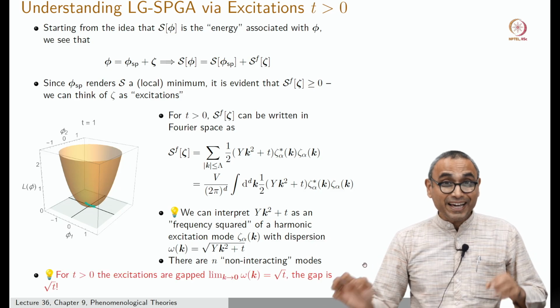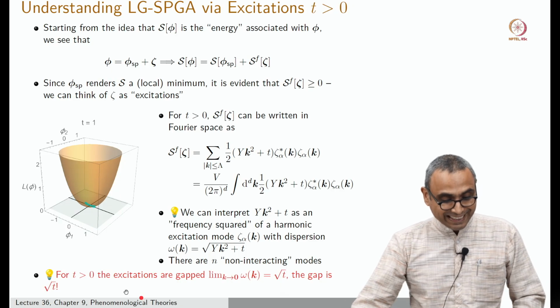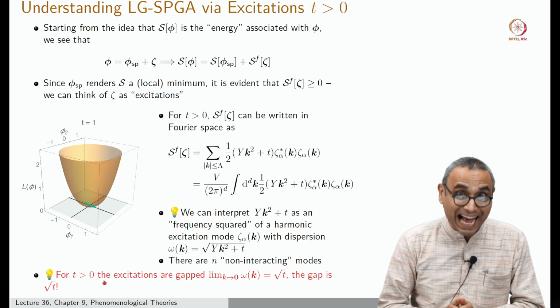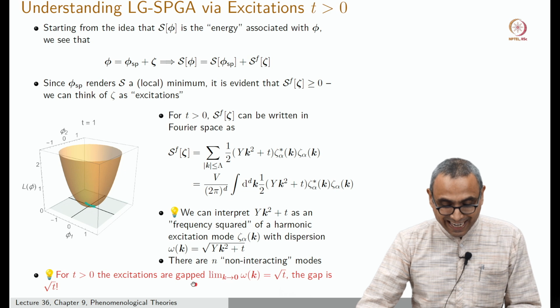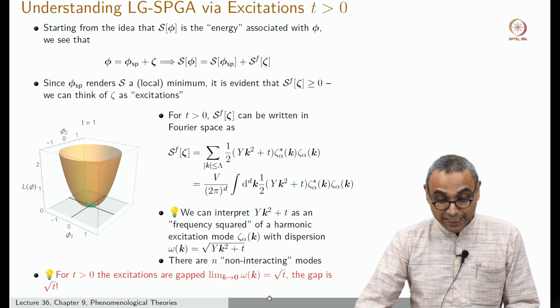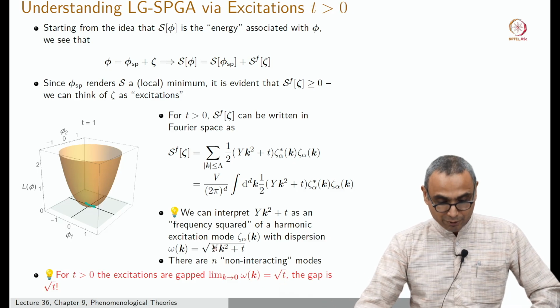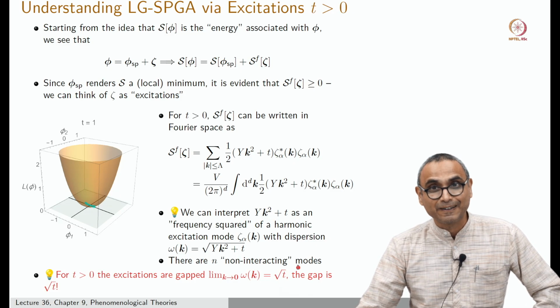And a very important result here is that for t greater than 0, these excitations are gapped. What do you mean by that? If I let k go to 0 and ask what happens to this frequency, you will see that as k goes to 0, it goes to a finite value, which is the square root of t.